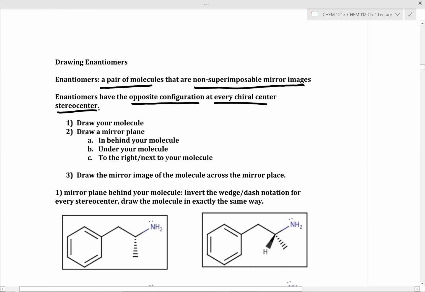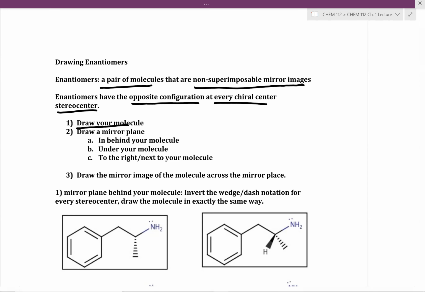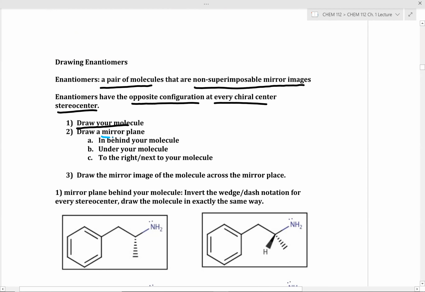So the trick for drawing enantiomers is first you draw your molecule, and for the second step, you're going to draw a mirror plane, which is essentially an axis that you're going to reflect your molecule across. It can either be behind your molecule, under your molecule, or to the right next to your molecule. And then all you do is you draw the mirror image of the molecule across this mirror plane.